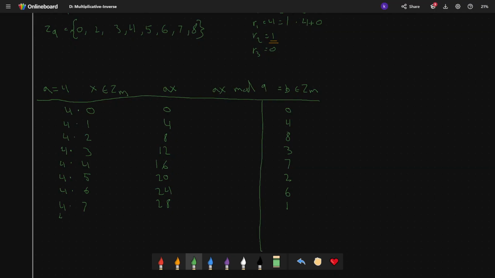And finally, we'll have 4 multiplied by 8, which is 32. 32 modulo 9 is equal to 5.